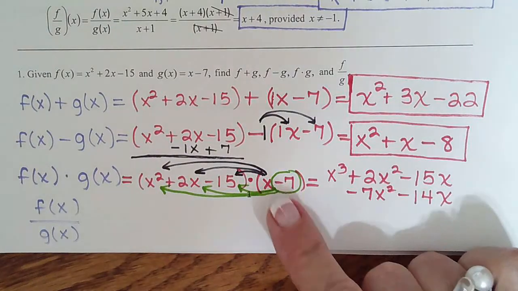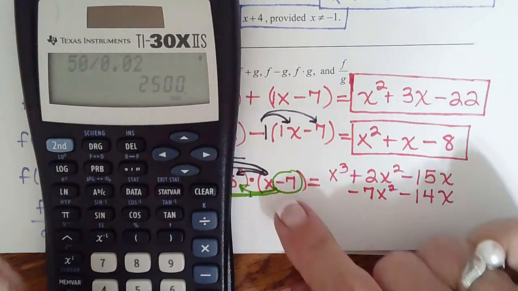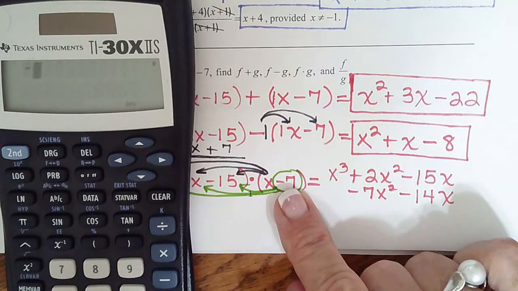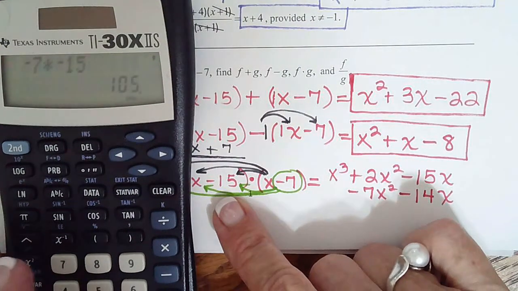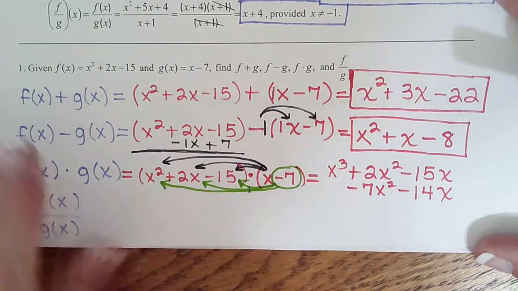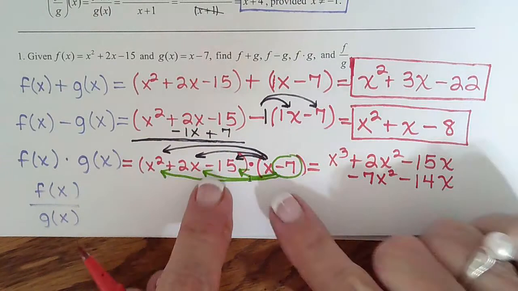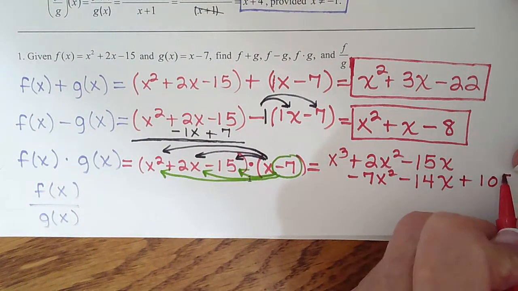Negative 7 times negative 15 is 105. And it's positive because it's a negative times a negative. So positive 105 out here at the end.